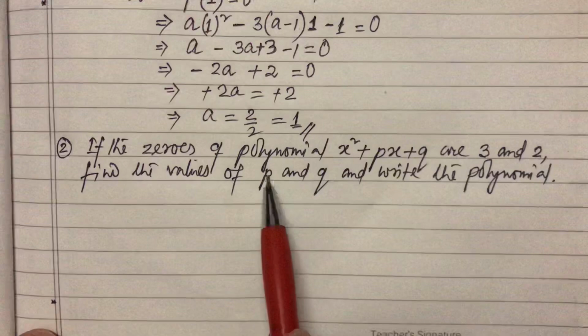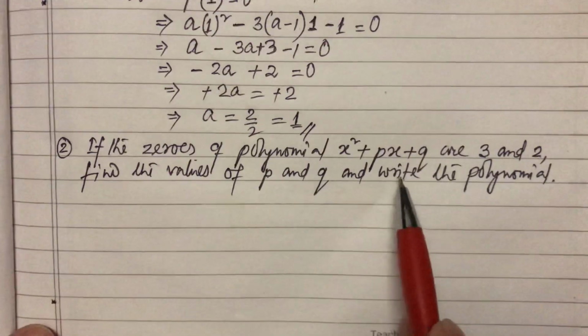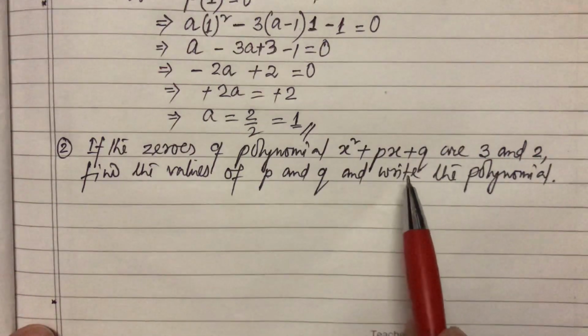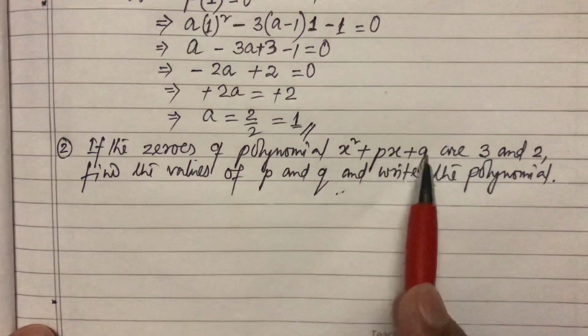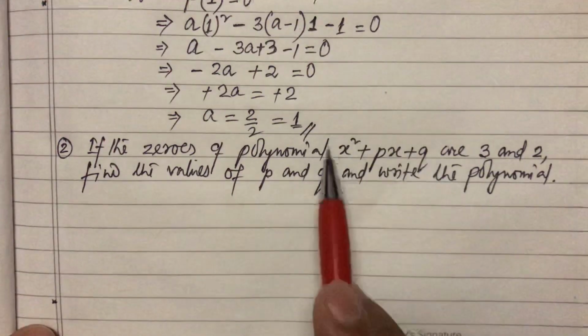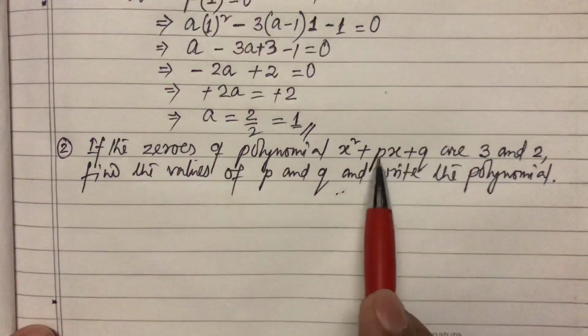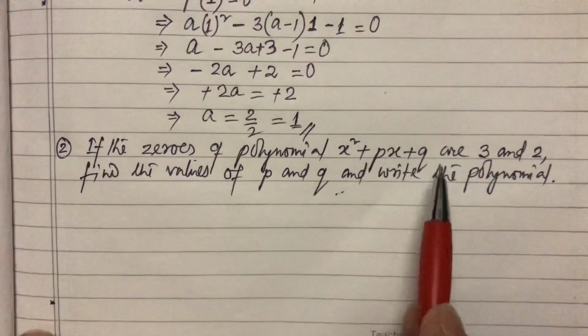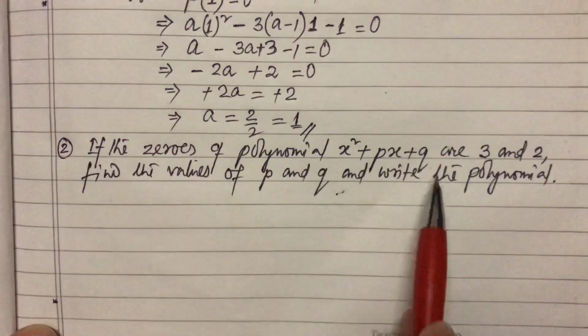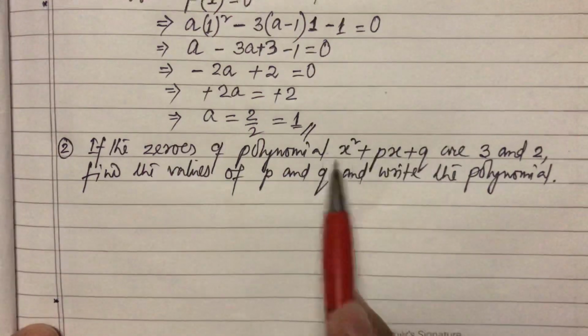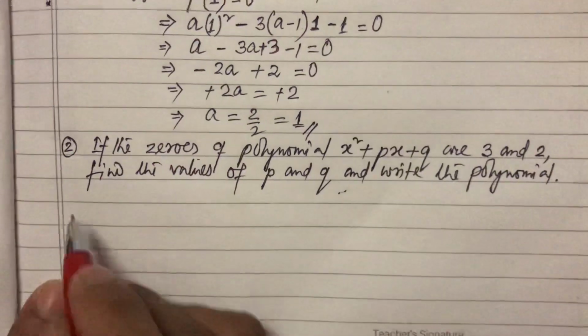And after finding p and q, we need to write this polynomial in standard form or the actual form by replacing the values of p and q. So 3 things we need to do: first to find p and q, and then to rewrite this polynomial using the values of p and q.